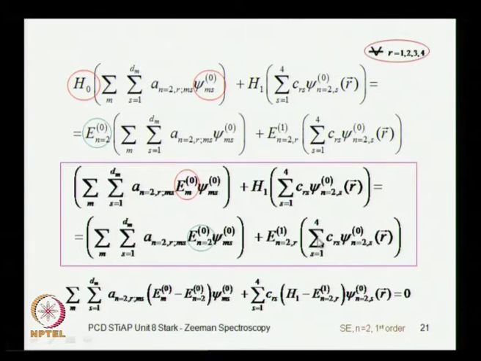So, it is summation over S going from 1 through 4 of C_rS, these coefficients are essentially the same in both, and then you will have H1 minus E1. So, this is just the perturbation correction, but this is the unperturbed Hamiltonian, and this is the perturbation Hamiltonian, which is script E times E times Z. Okay. So, this is the perturbation Hamiltonian.